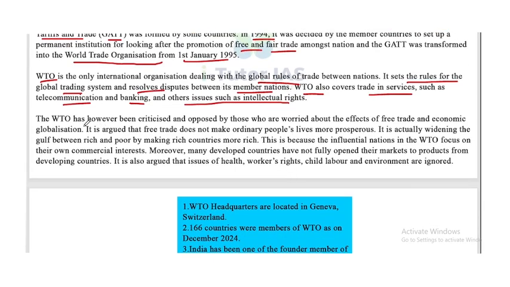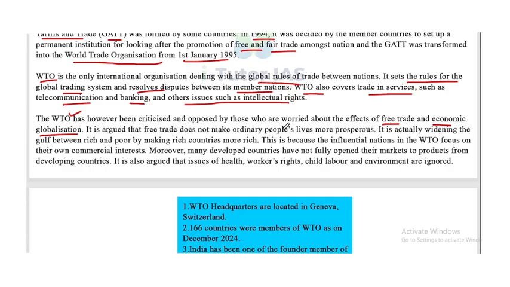The WTO has, however, been criticized and opposed by those who are worried about the effect of free trade and economic globalization. Okay, so the WTO is also being criticized by many countries because they are afraid of free trade and economic globalization. It is argued that free trade does not make ordinary people's lives more prosperous.